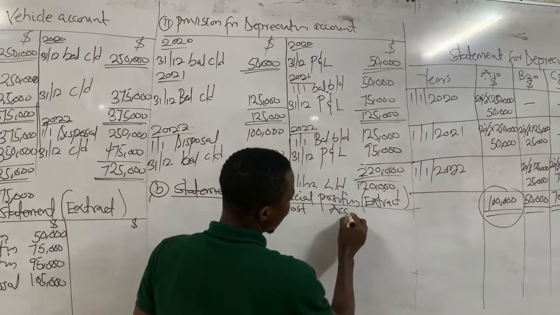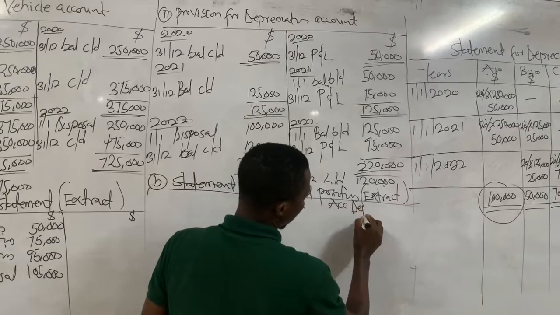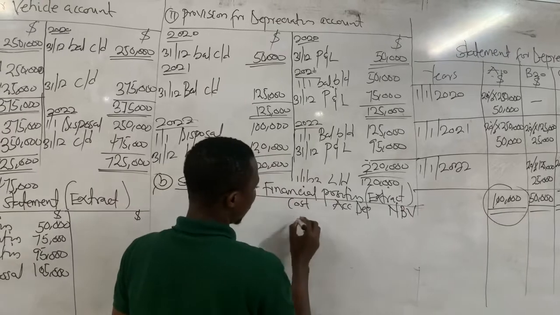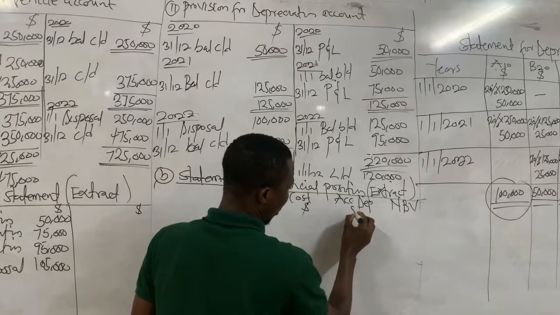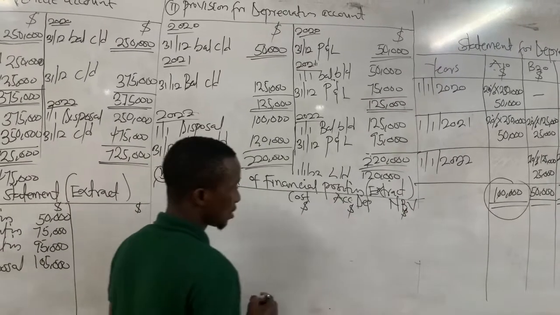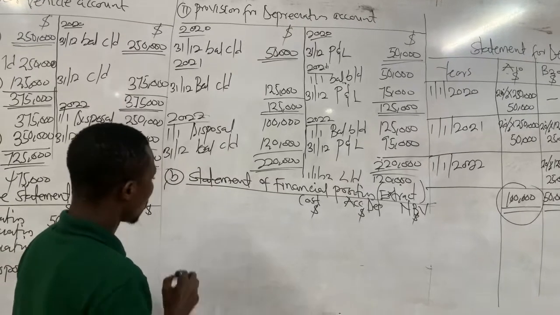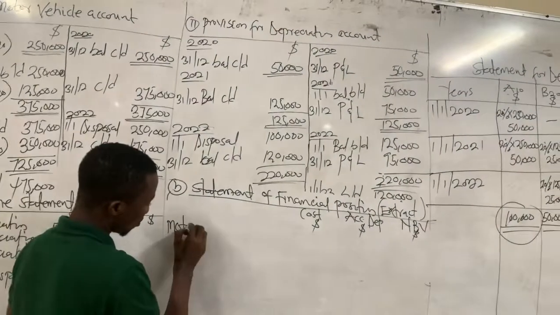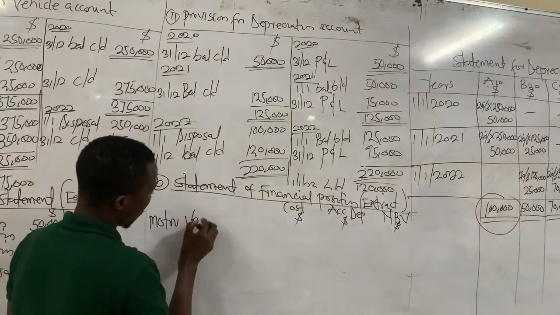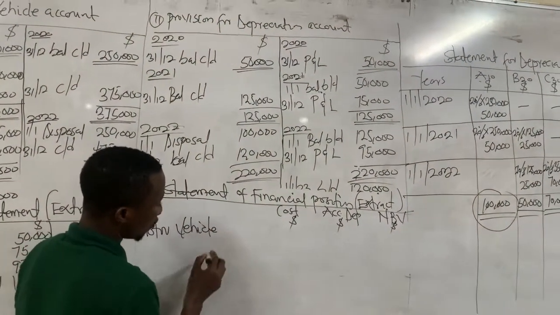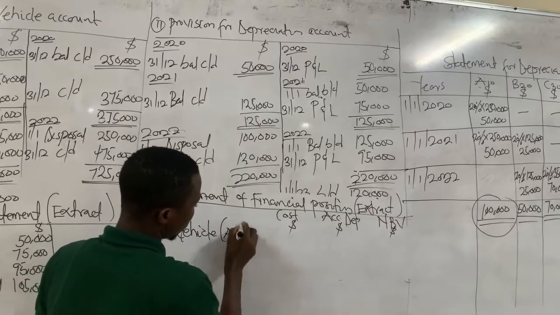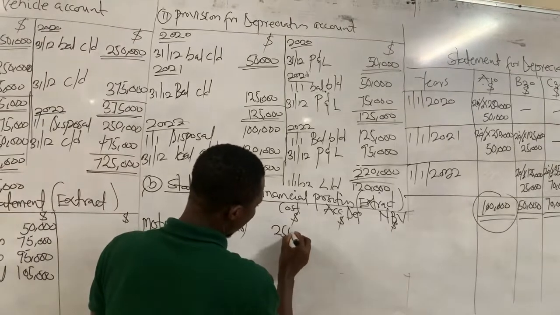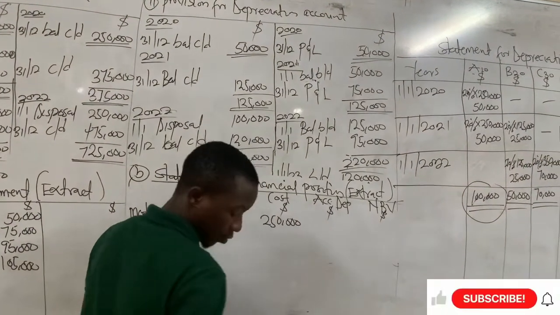Its accumulated depreciation as usual. Then we consider the carrying amount or the net book value. And we have our currency sign being dollars. Is that okay? So we have the first motor vehicle, being A10, and the cost is 250 from our question.